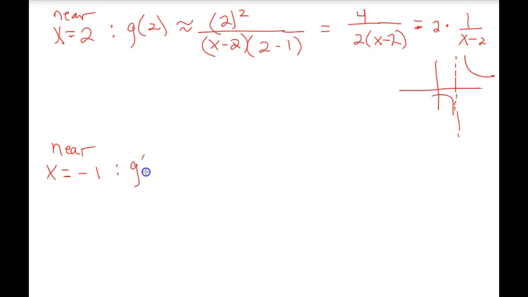So now we will plug in negative 1 everywhere except for the factor that has x plus 1 in it. So we got negative 1 squared, and we'll have negative 1 minus 2, and then we'll have x plus 1.